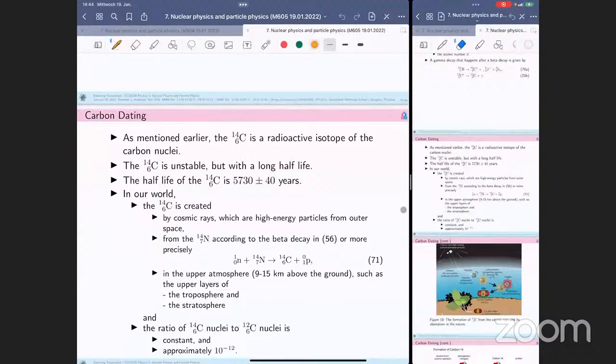In M605, there are many names for carbon dating. One of these is known as radiometric dating, or radiocarbon dating.